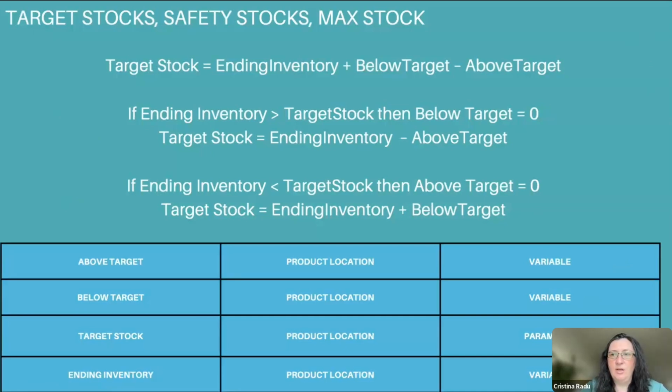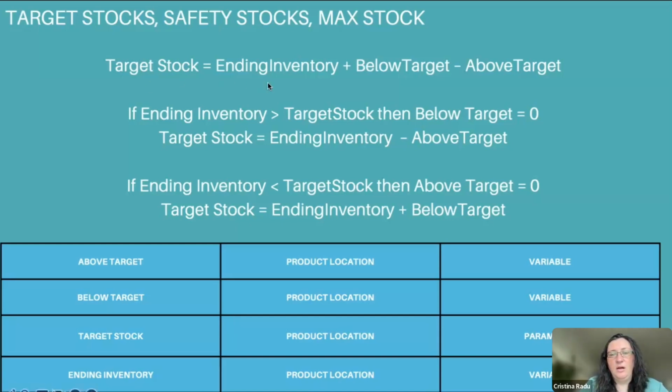Now that we learned about the slack variables and how to transform a hard constraint into a soft constraint, this is what we are doing here as well. Usually the target stock is an input, right? For example, for this product location, my target stock is 50 each month or each bucket. And I want, at the end of the day, the ending inventory to be equal to this target stock.